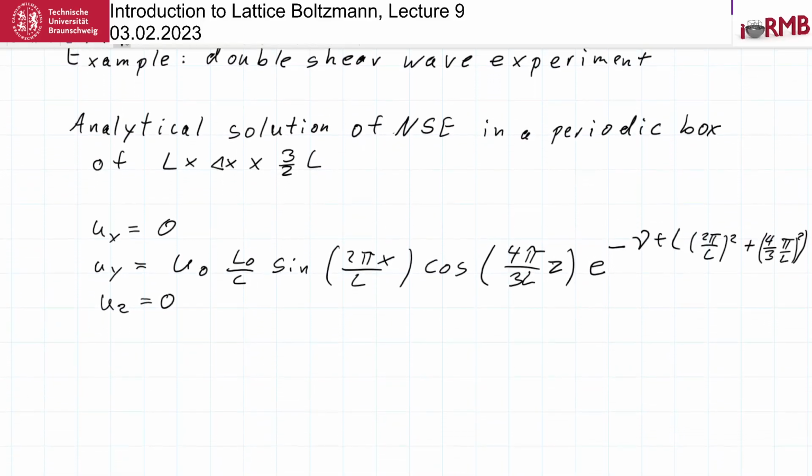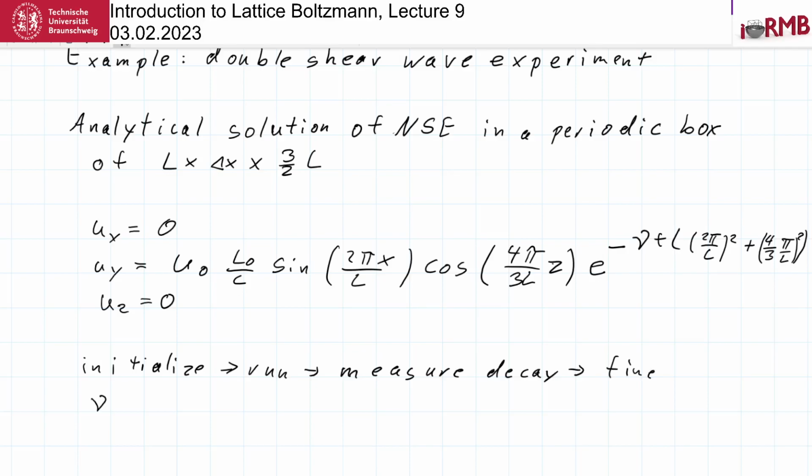Okay, so what we do is, of course, initialize this thing, then we run it, then we measure the decay of this wave. Then from the measurement of the decay, we find the numerical decay, so the viscosity that would lead to that specific decay.